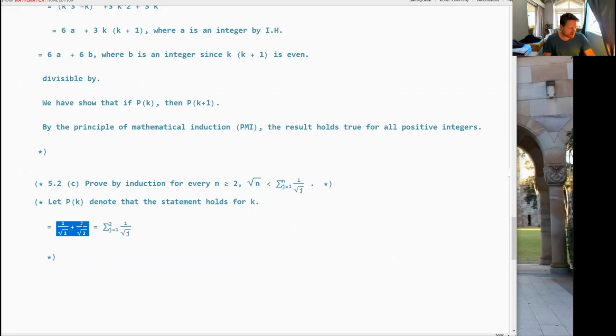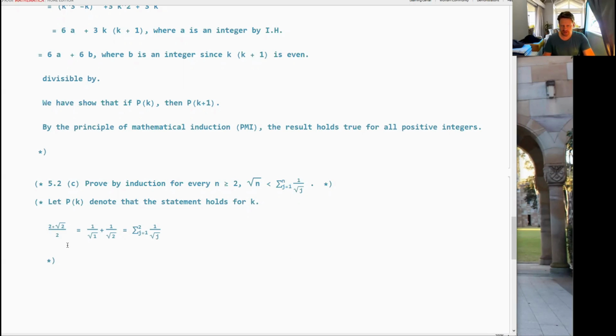The first term is just 1, right? But the second term, we can write that as root 2 over 2. And this is just 1 over 1, but I can put that 1 over 1 as 2 over 2 and combine these so that what we have here is 2 plus root 2 over 2.